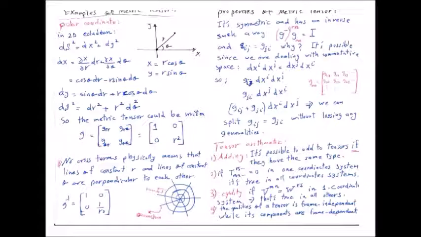For instance, the metric in Cartesian coordinates, when the space is flat, is ds² = δ_mn dx^m dx^n. In the more general case, I take g_mn dx^m dx^n. But instead of taking the metric as a covariant tensor, which is the general case, I can take it in a contravariant way, g^mn dx_m dx_n.